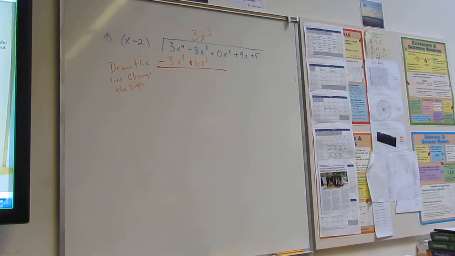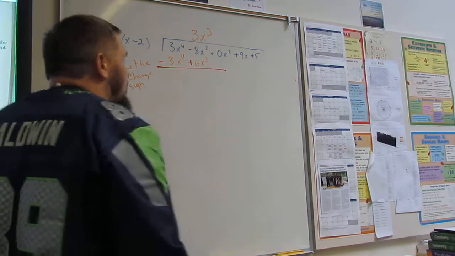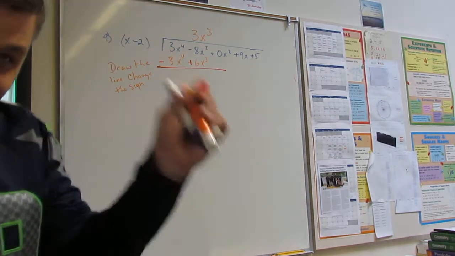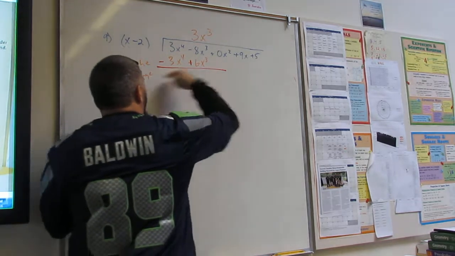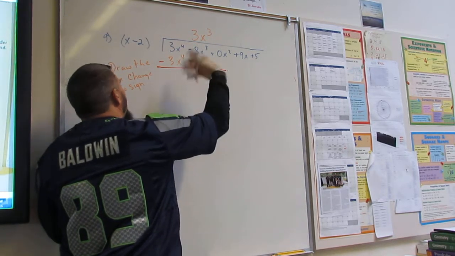The problem is students mess up when they subtract. They don't remember they're subtracting, so they don't change the negative to a positive and then they run into trouble. You see what I'm saying? If you can subtract without drawing the line and changing the sign, go for it. It's okay. I just do this to make it easier for some of you. So draw the line, change the sign, and then just do it.